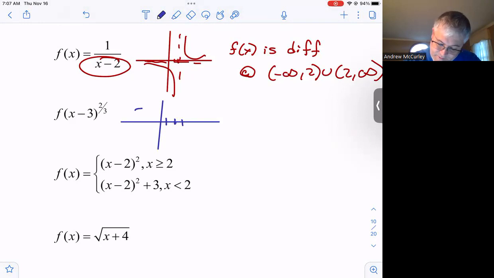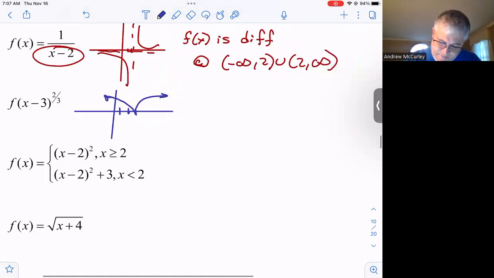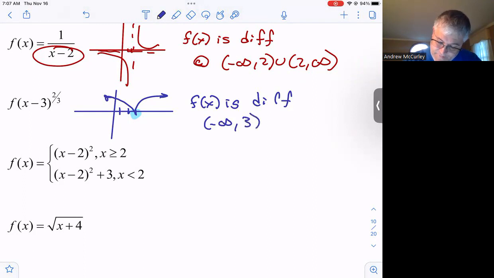It's going to make a cusp that goes boom, boom, like that. So at the cusp, at this specific point, we cannot take the derivative there. We cannot find a correct derivative there. So that would be f of x is differentiable from negative infinity to 3, but not at 3, and then up to infinity. All right.